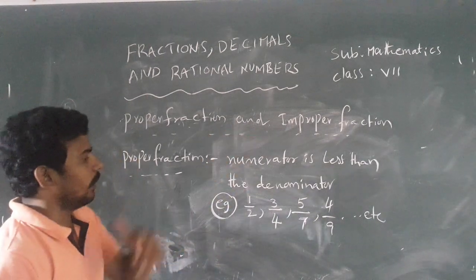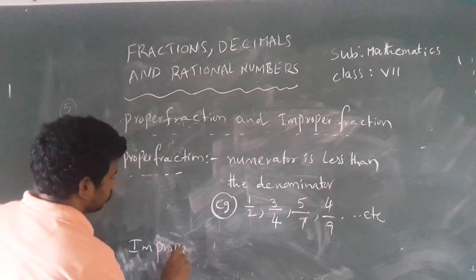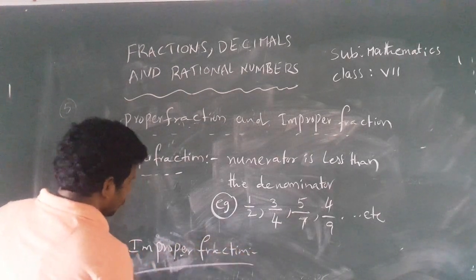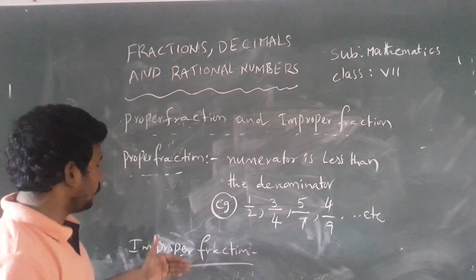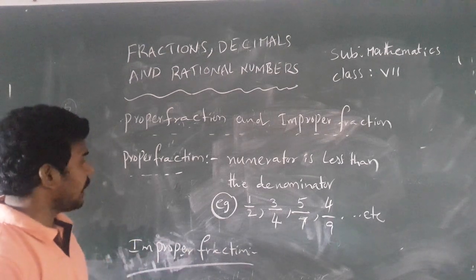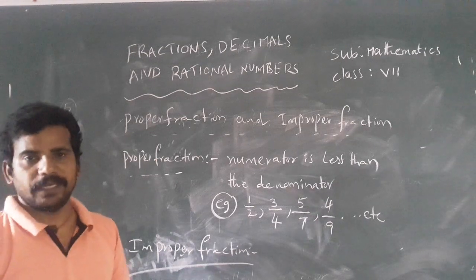Now coming to improper fractions. Improper fraction is the opposite of proper fraction. So what does improper fraction mean? Fractional numbers having a numerator that is bigger than the denominator. The numerator is bigger than the denominator.